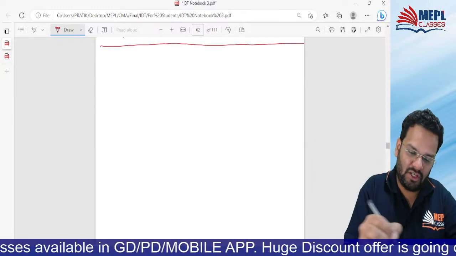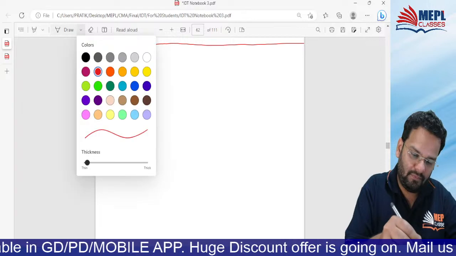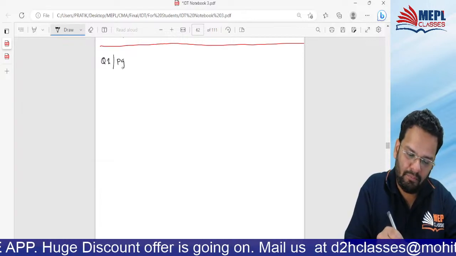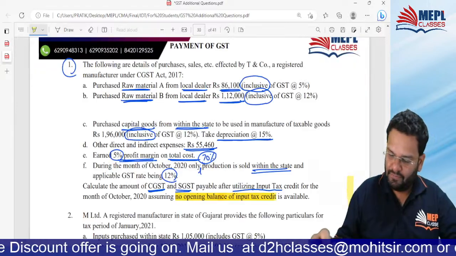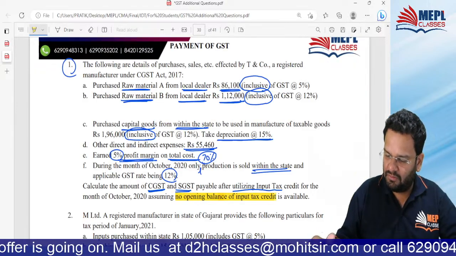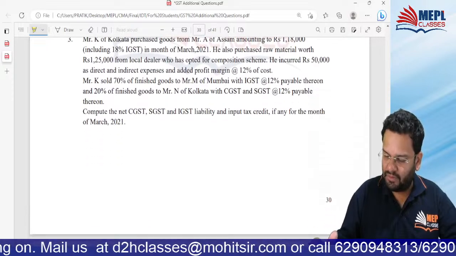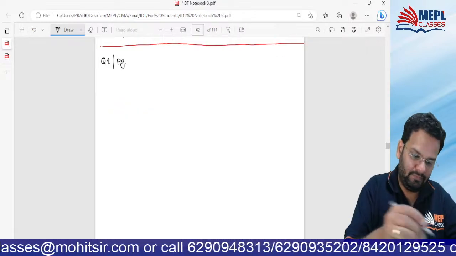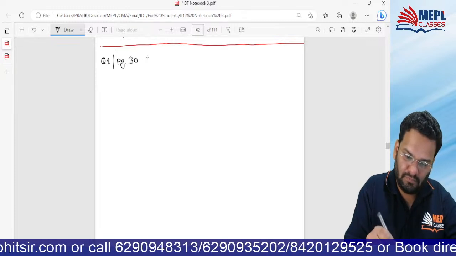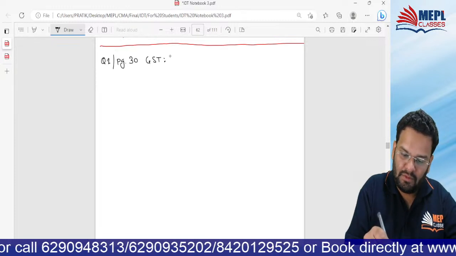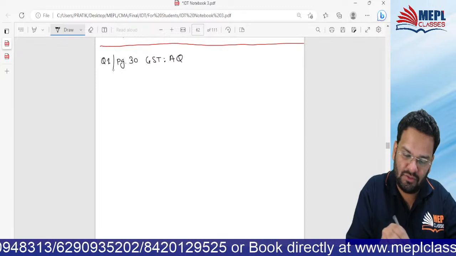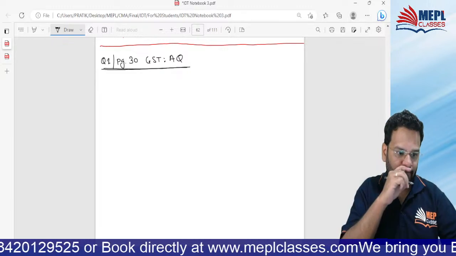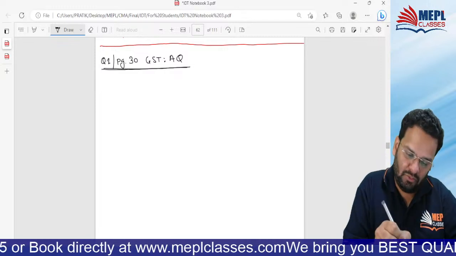So this is question number 1, page 30, GST additional questions. Yes. So write down.